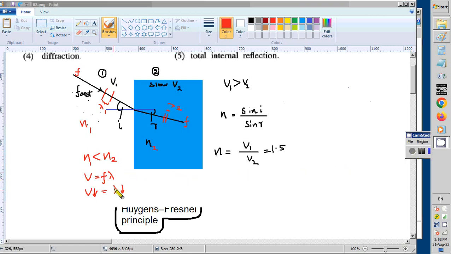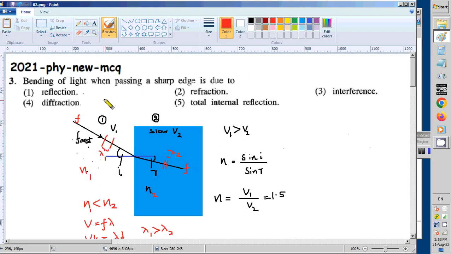Therefore lambda 2 must be smaller. So we can write lambda 1 is greater, lambda 2 is smaller. According to the values we assumed, we determine whether lambda is greater or smaller.